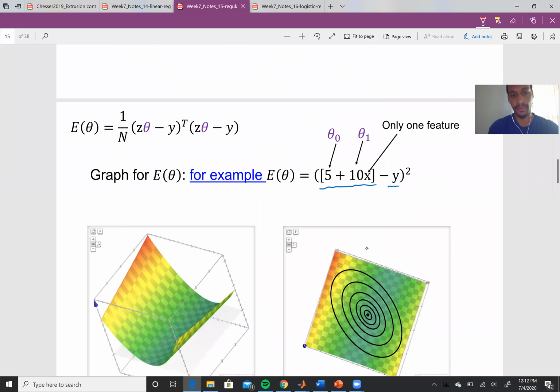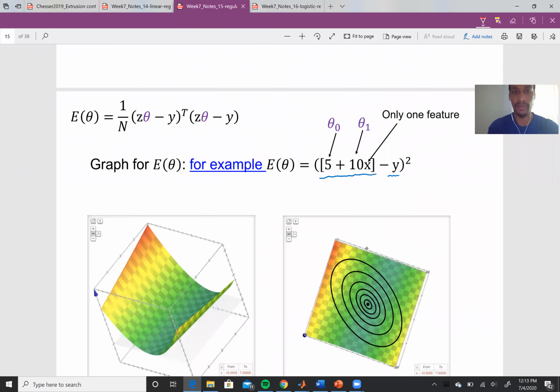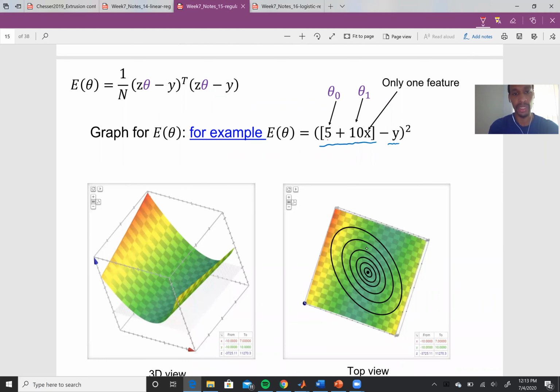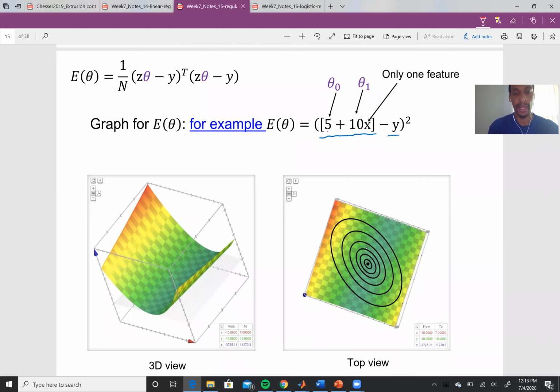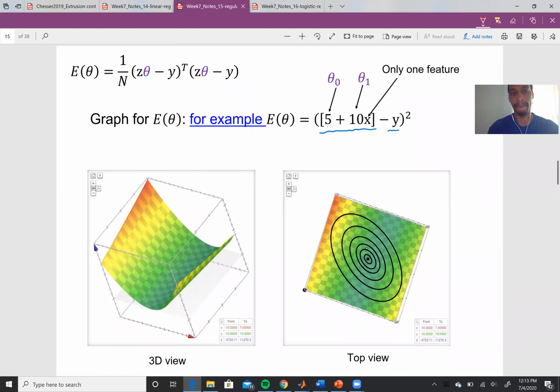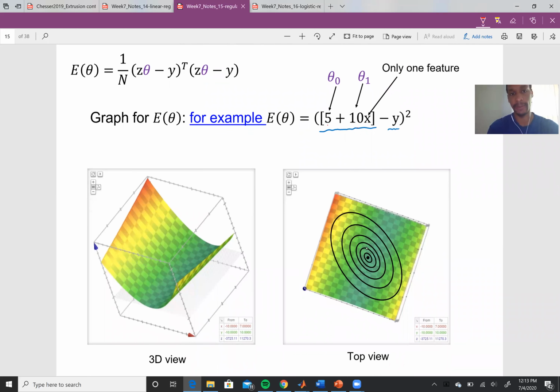And so, for example, if we took theta 0 and theta 1 to be 5 and 10, and we only had one feature, just to take a look at what's happening geometrically, we would get a plot like this in a 3D view for the error E theta.